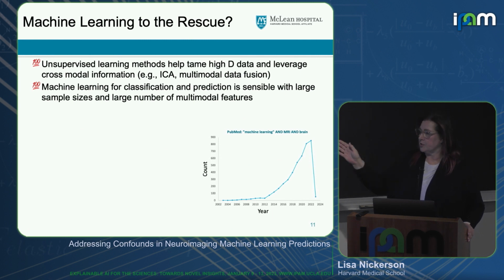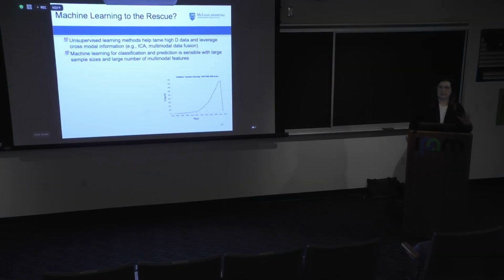If you search prediction and machine learning and MRI and brain, you actually get about triple this. But it turns out about 40% of imaging studies that report prediction are really just looking at associations. Poldrack reported that in his paper on guidelines for best practices in machine learning of imaging data.